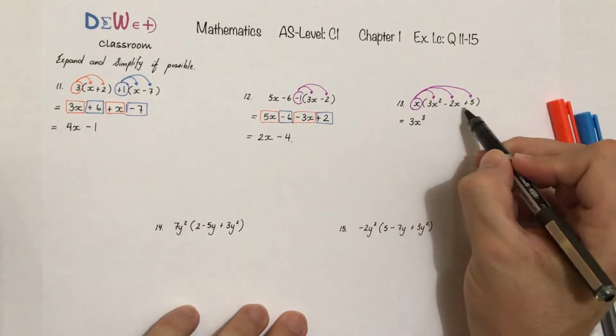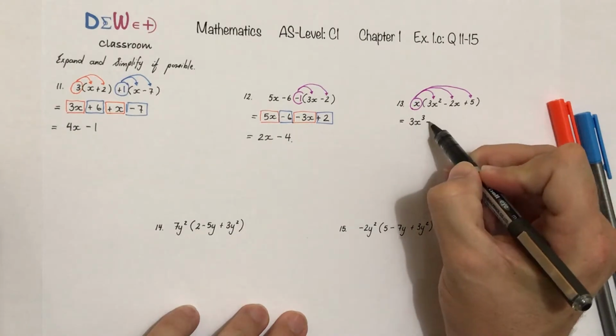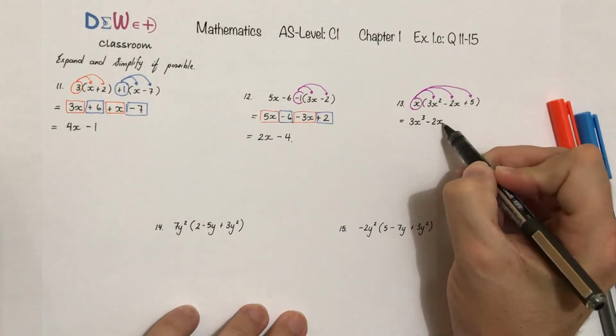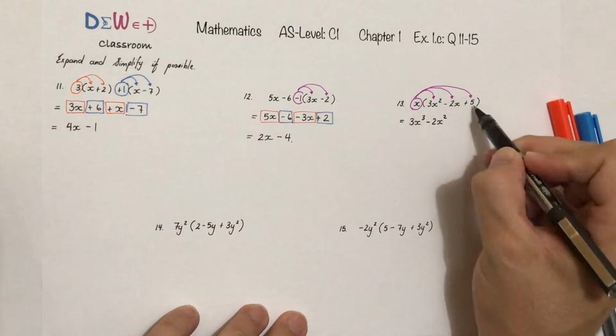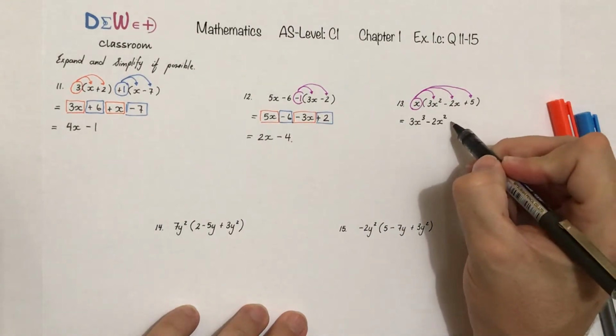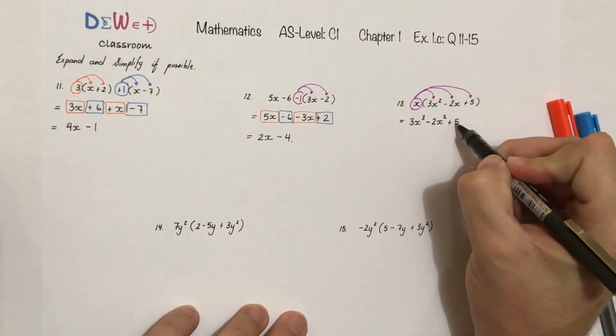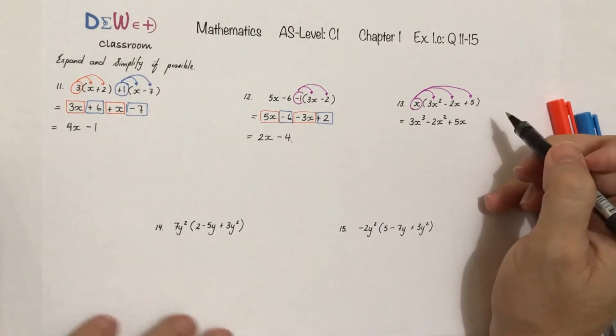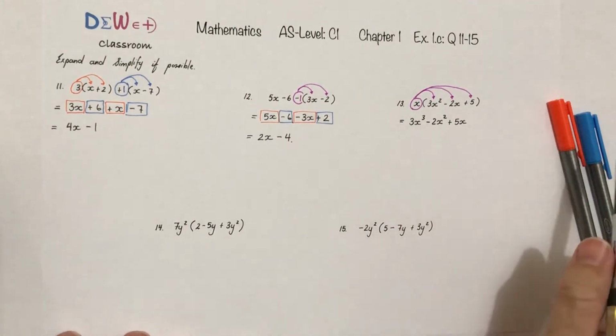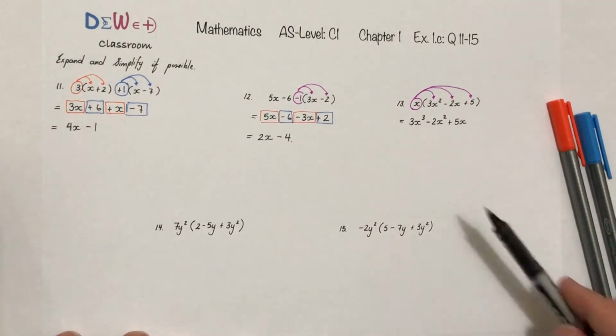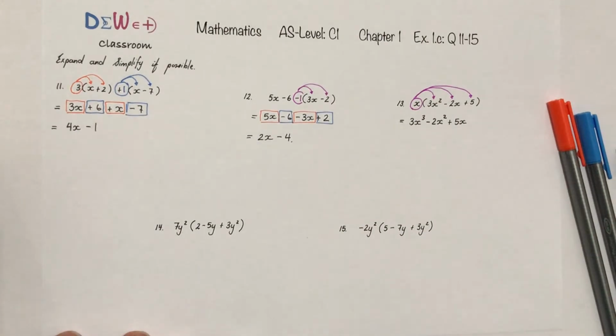X multiplied by minus 2x gives us minus 2x squared, and x multiplied by 5 is plus 5x. You can see there are no like terms to be added or subtracted, so that is your final answer.